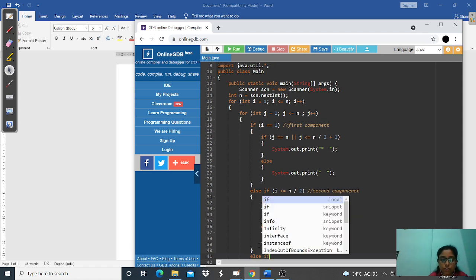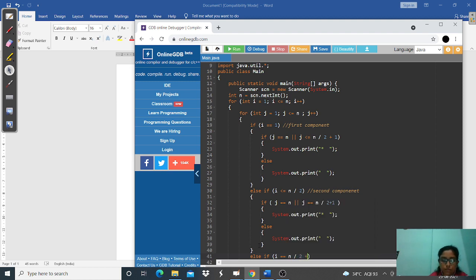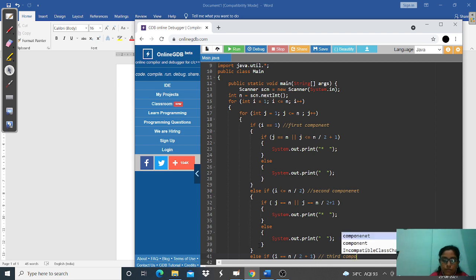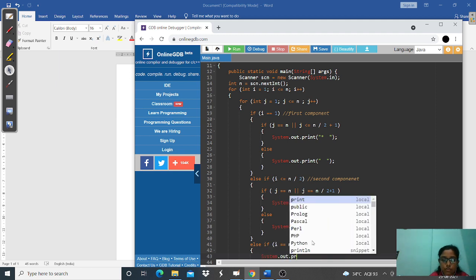Again else if for the third component, in this System.out.print.